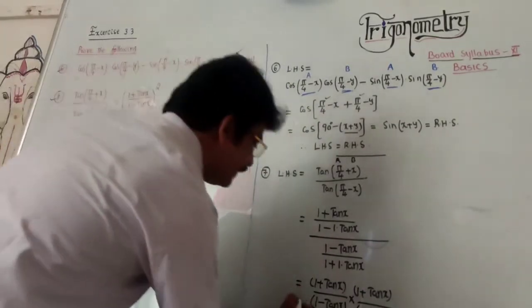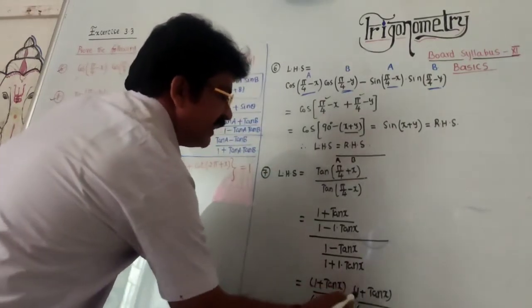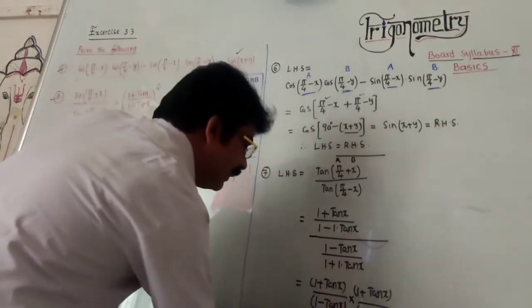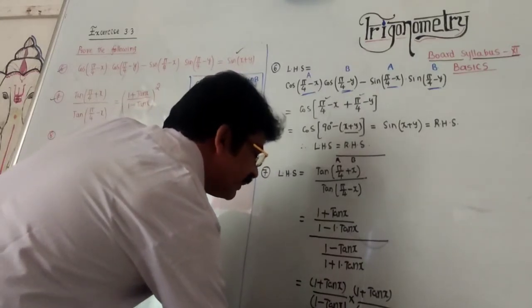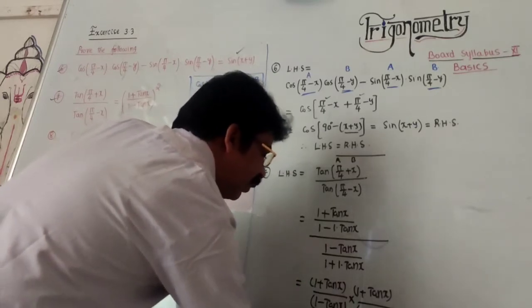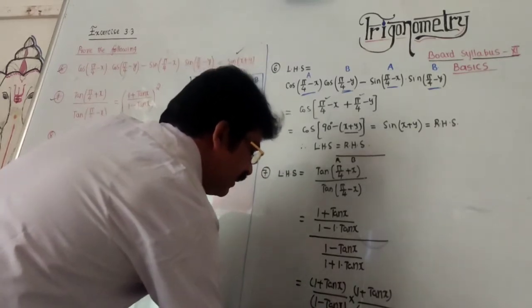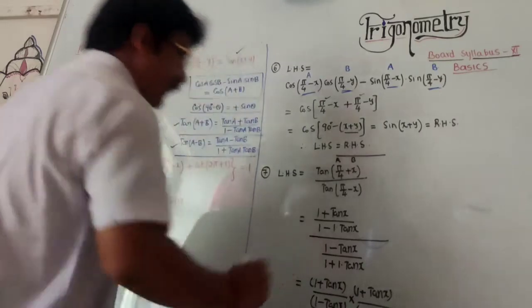So that is equal to (1 + tan x) divided by (1 - tan x), divided by another fraction, which means multiplying by the reciprocal. So that is (1 + tan x)(1 + tan x), x into x, x square. Therefore (1 + tan x) whole square divided by (1 - tan x) whole square.